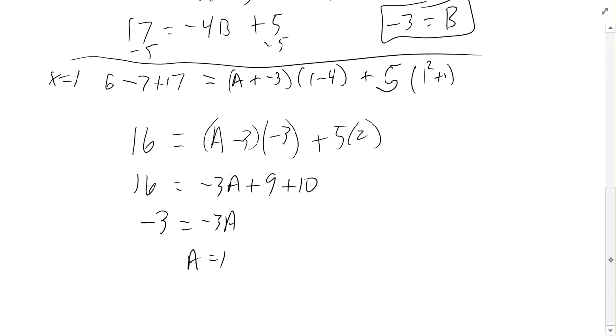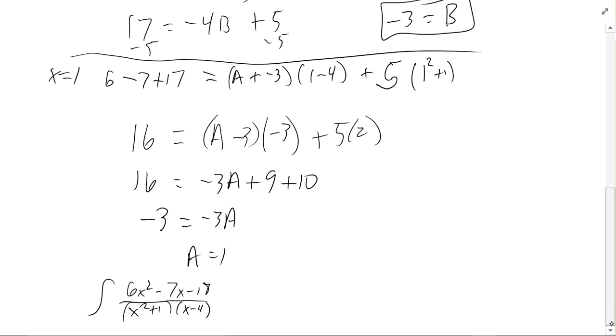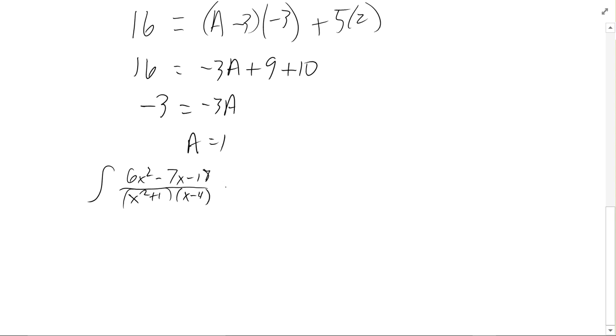So now my antiderivative that I was working on before, the antiderivative of 6x squared minus 7x minus 17 over x squared plus 1 times x minus 4 dx is the same as the antiderivative of 1 times x.